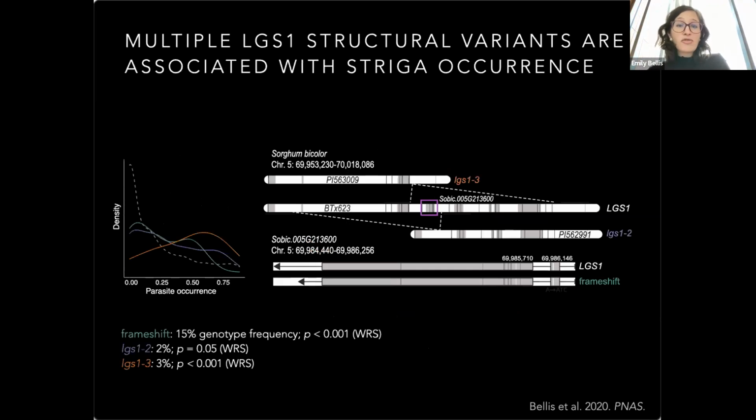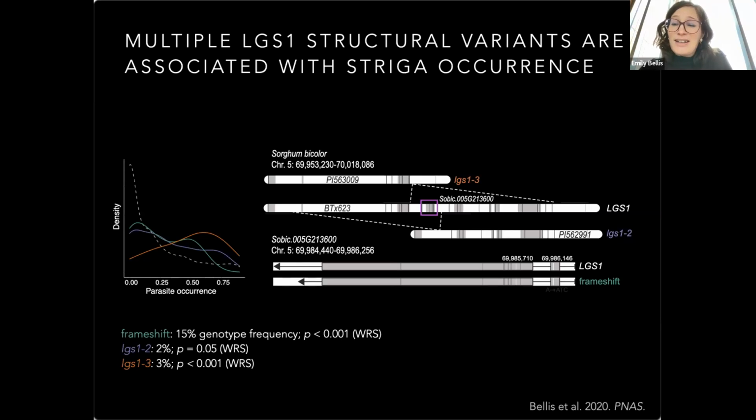And there are actually several reasons for that. One reason is there's quite a lot of diversity at this locus. So multiple LGS1 variants are associated with Striga occurrence. If we split those out separately, we do find strong associations with those individual loss of function alleles.